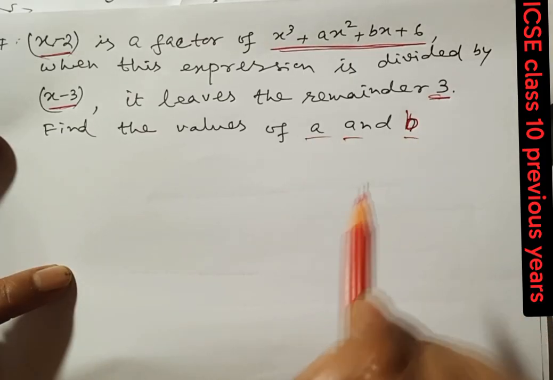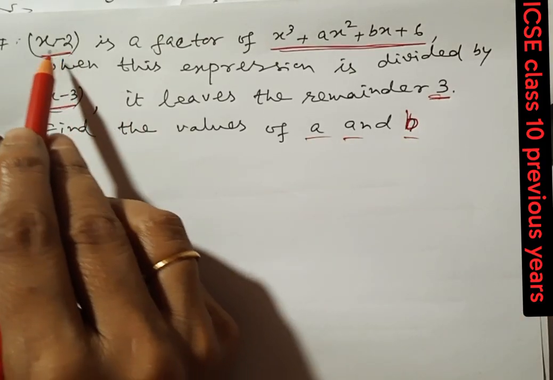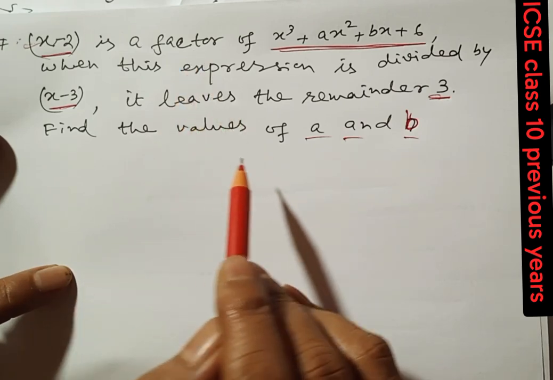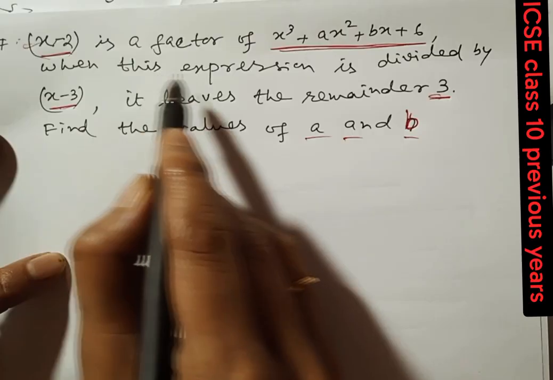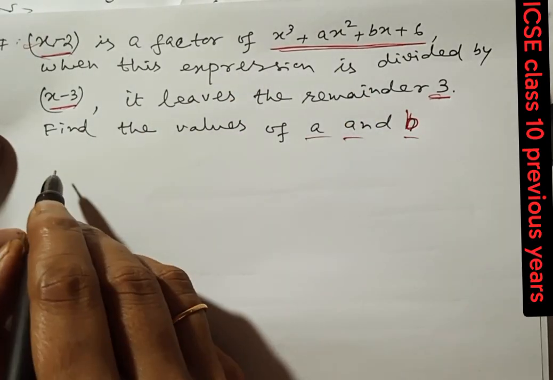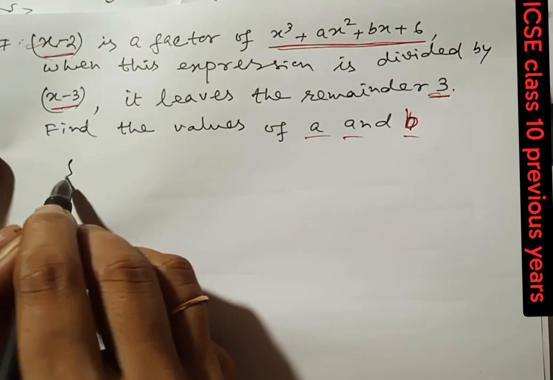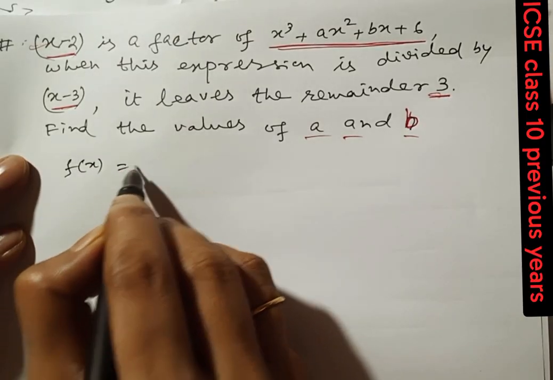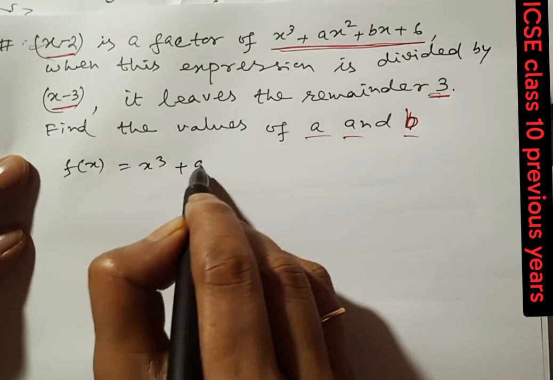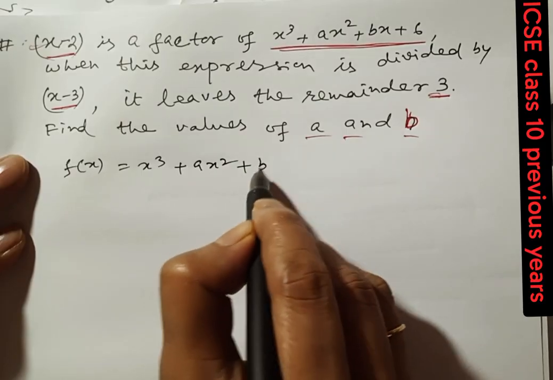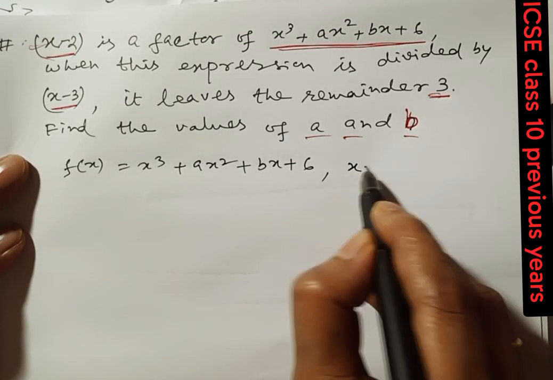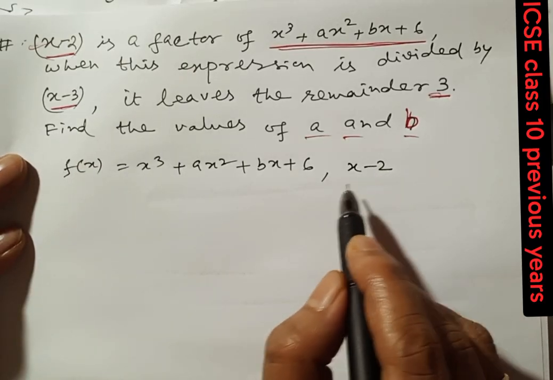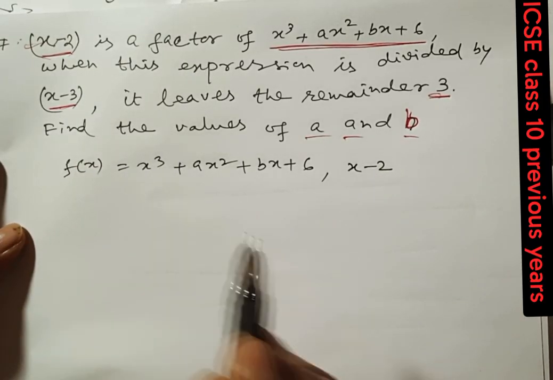Here we use the factor formula and remainder formula. Since x minus 2 is a factor, our polynomial is x cube plus ax square plus bx plus 6.